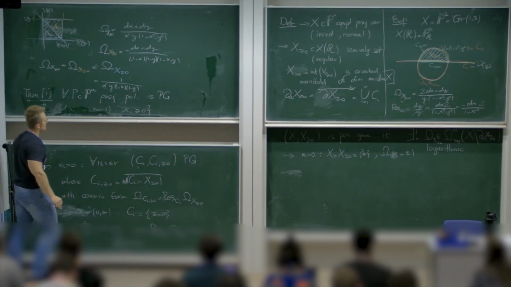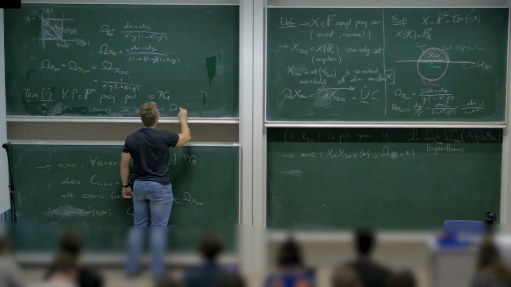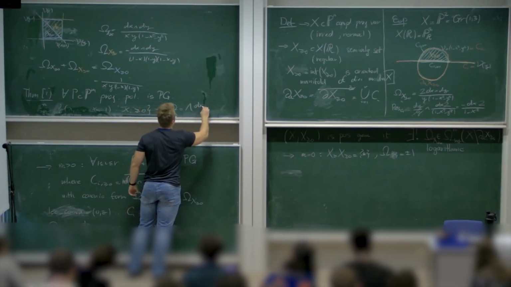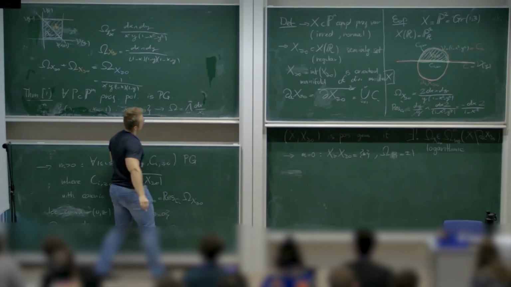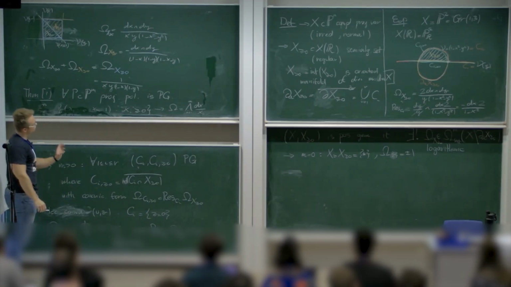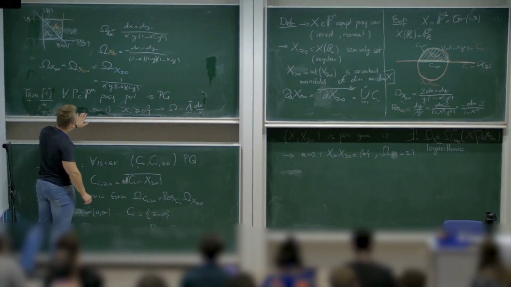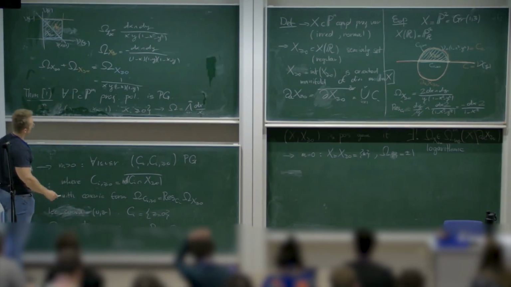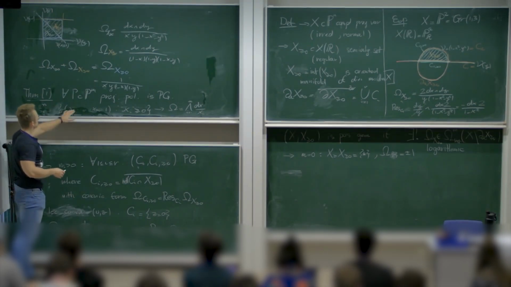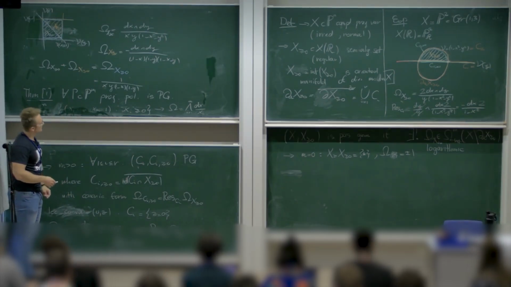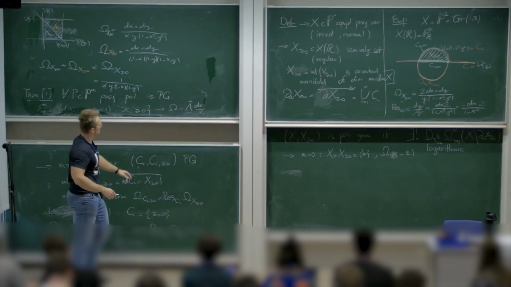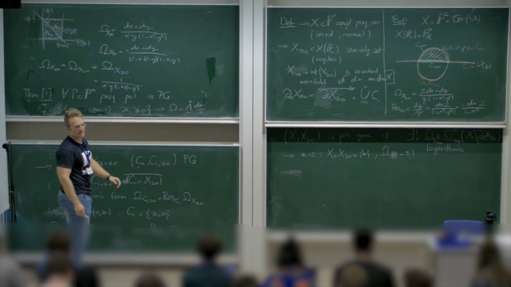And then the canonical form, in this case, can be checked explicitly to be just a wedge product of logarithmic forms on each coordinate. This is a very specific choice of a simplex, but every other simplex in projective space can be reached by a linear isomorphism from the standard simplex. And then you can just push forward or pull back this form, and you get the canonical form of a simplex. So every simplex is a positive geometry.